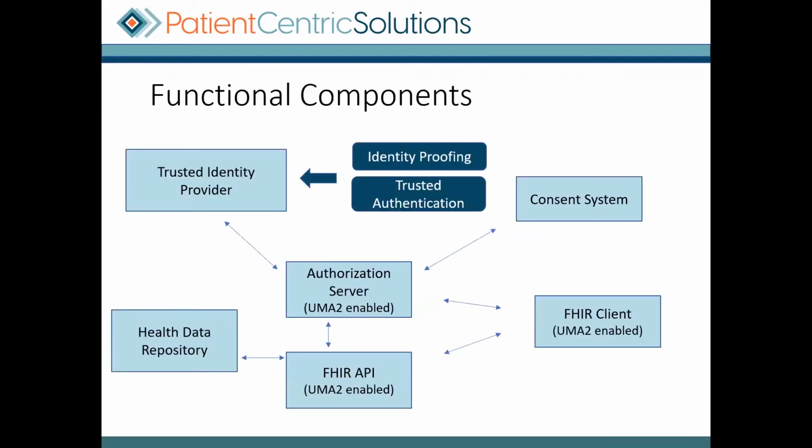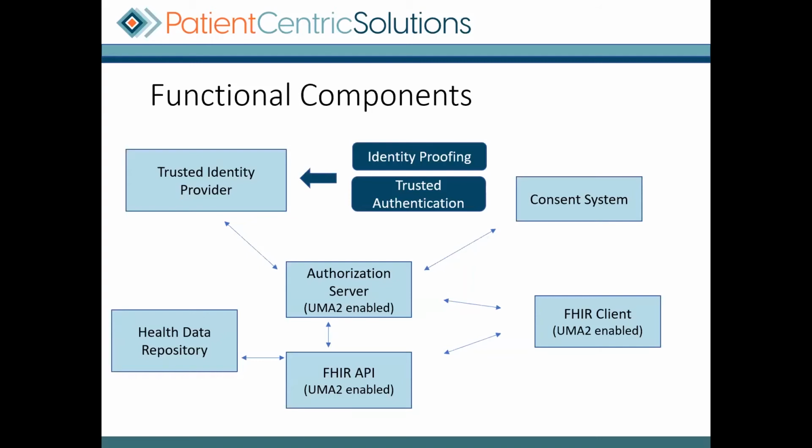So I want to give you a little bit of an idea of how these functional components might work. In the upper left, we have a trusted identity provider, and the main functions there are identity proofing and trusted authentication. On the right, we have a consent system, such as the one I demonstrated, where Betsy would be recording her consents and sharing preferences. And then on the far left, we have a health data repository. That could be any kind of health data repository.